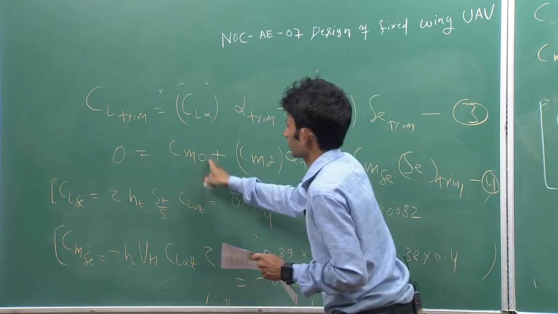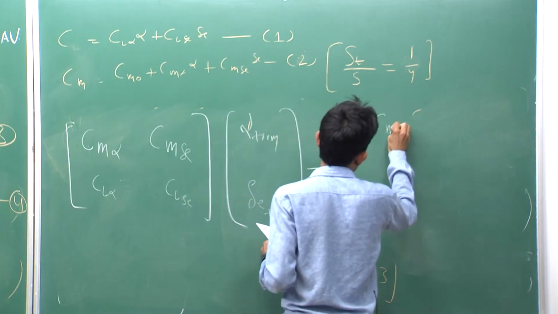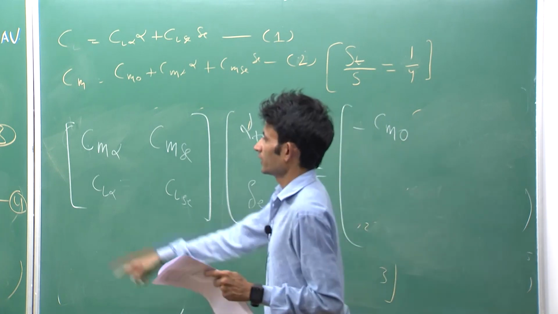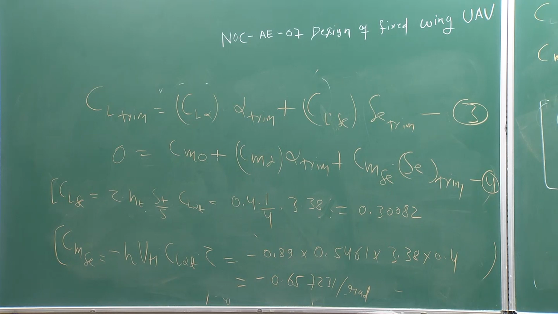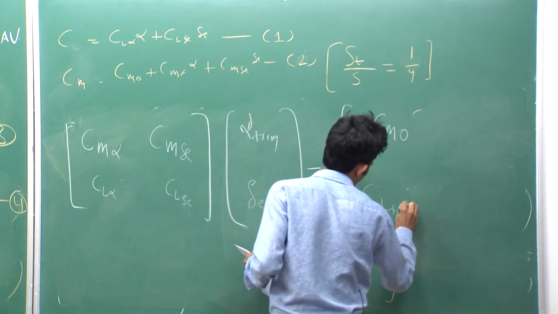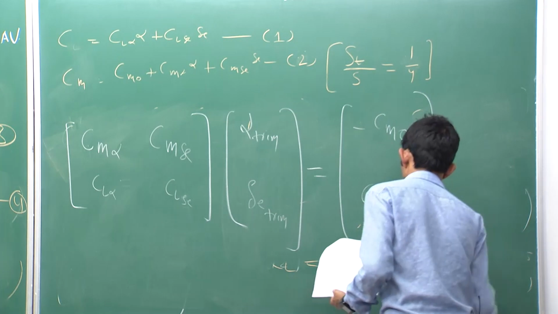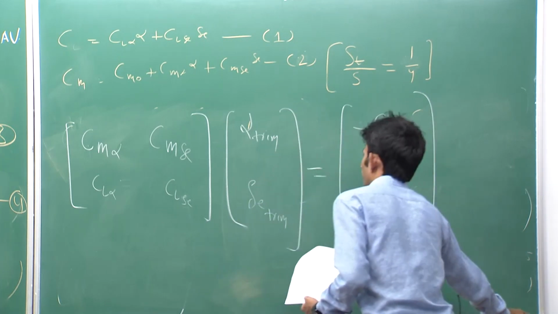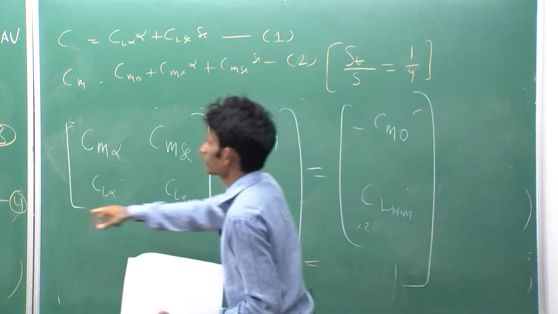if you put Cm naught on that side, this will become minus Cm naught, and CL trim. In equation 3, CL trim will come here. So if you multiply this row and this column and compare, you will get equation 4.